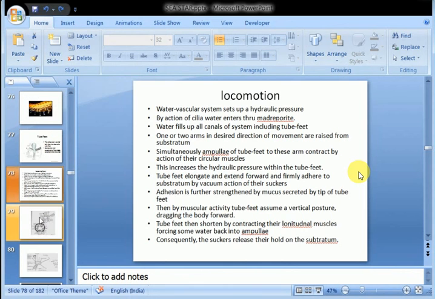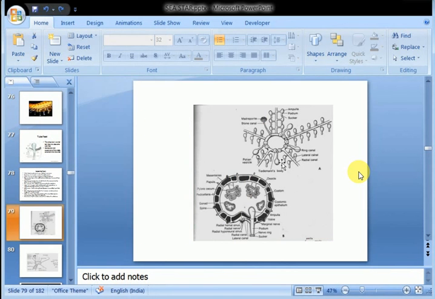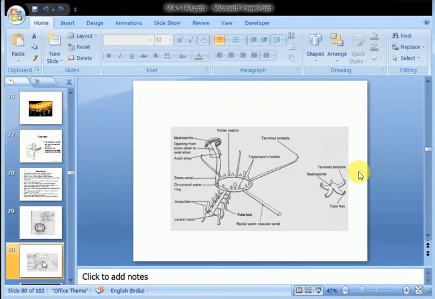So this way, locomotion takes place. Here in this figure, we see different structures that we have talked about already. These tube feet, how they are connected with this.